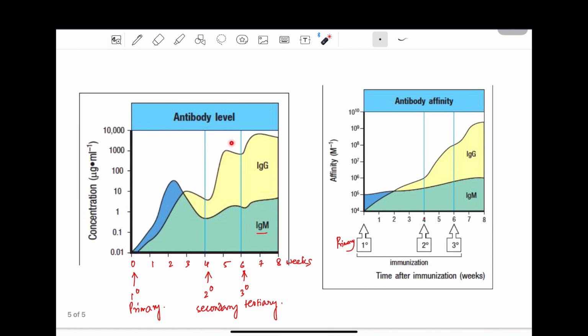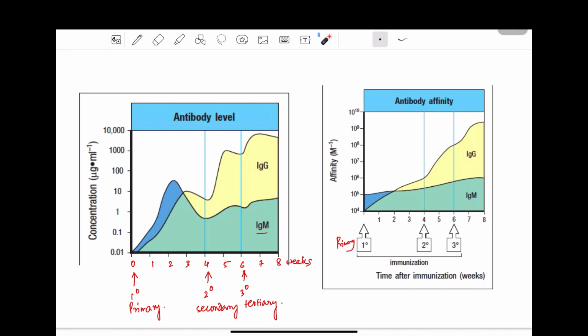So now we can see a rapid increase in the IgG level. This is what we call the secondary response, right? In the secondary response, the IgM level is still down, but the IgG level increases.